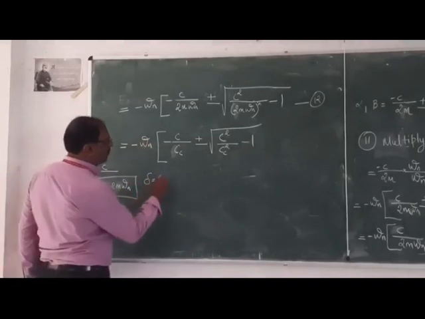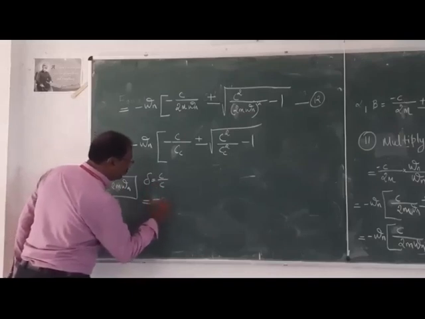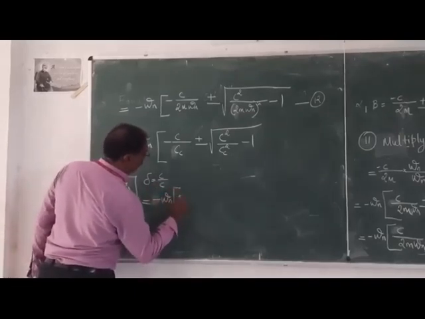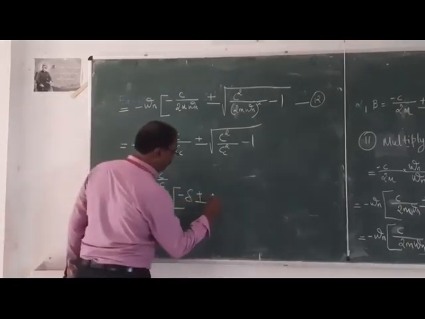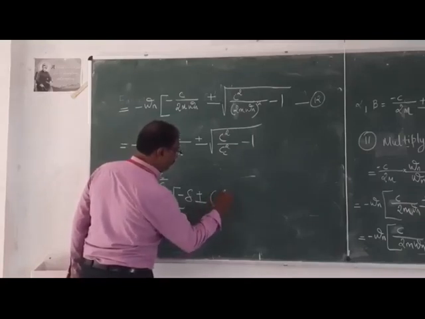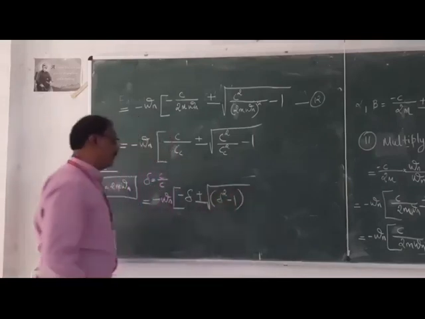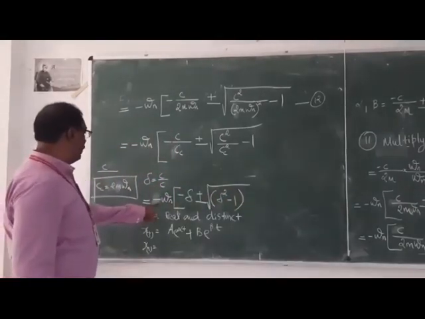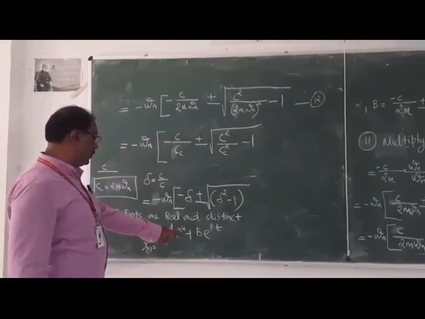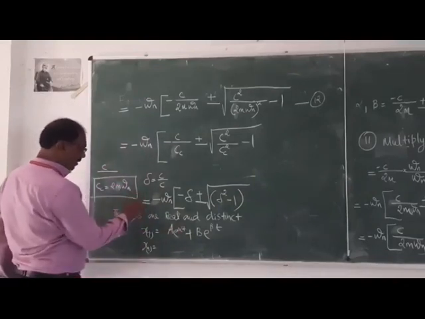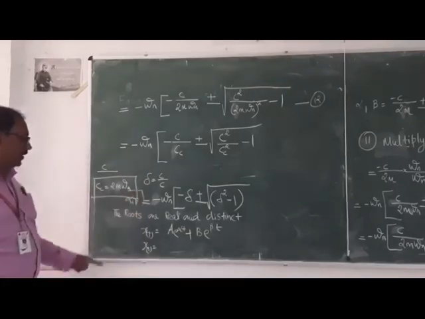Damping ratio is c by cc. Then I am going to substitute minus omega n. That cc value gives the roots alpha and beta; these are the alpha and beta values. So I am going to apply this one.